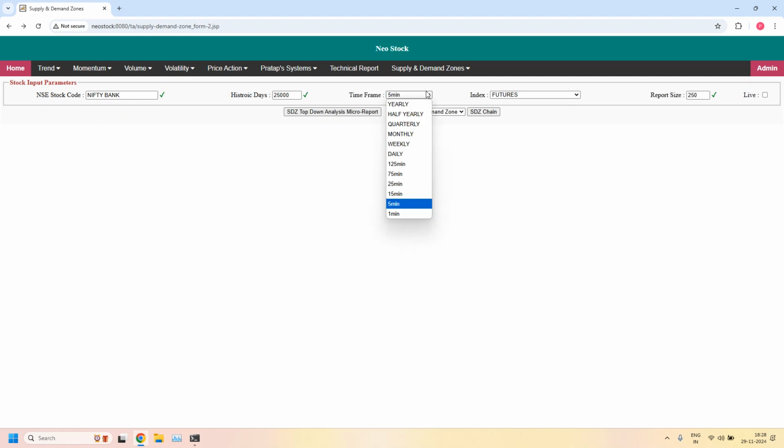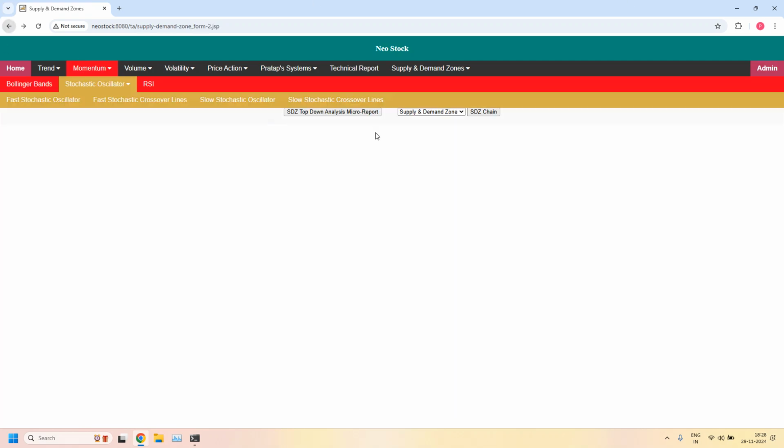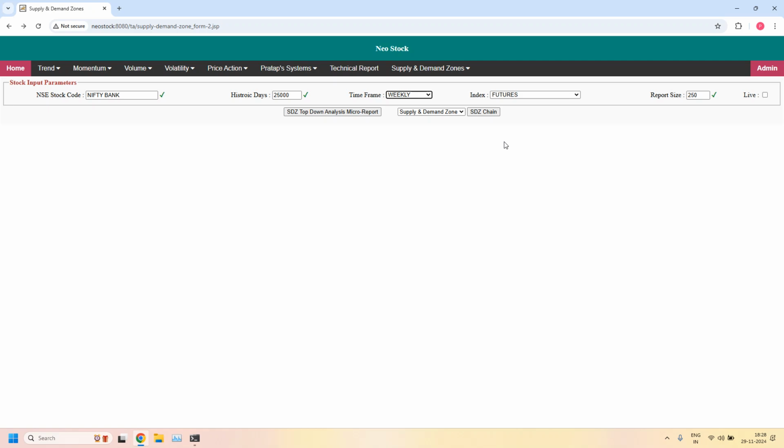Starting with monthly time frame, generating monthly supply demand zone chain for BANKNIFTY. Okay, next weekly supply demand zone chain for BANKNIFTY.